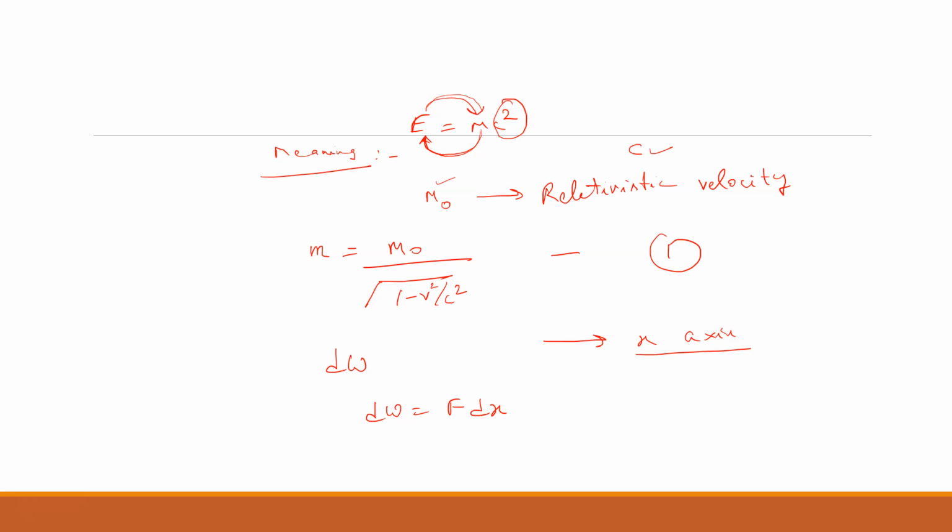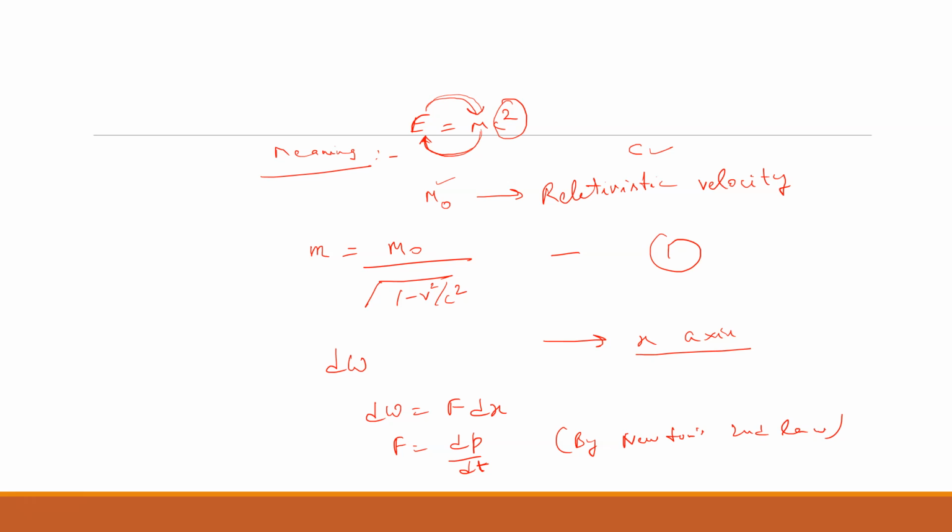By Newton's second law, F equals rate of change of momentum, F equals dp by dt, where p is momentum.